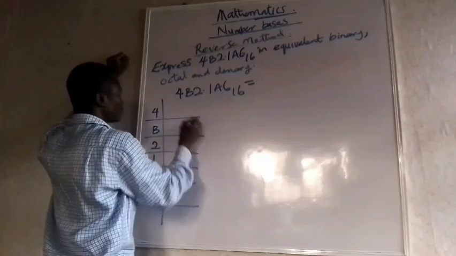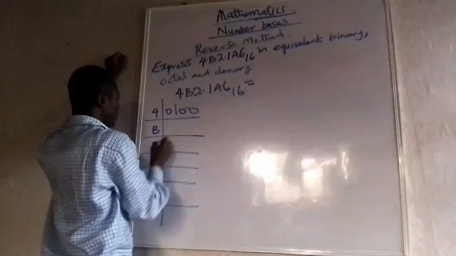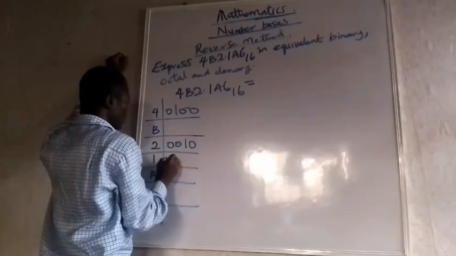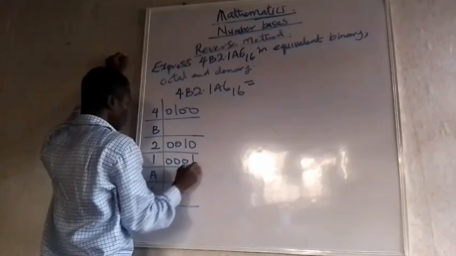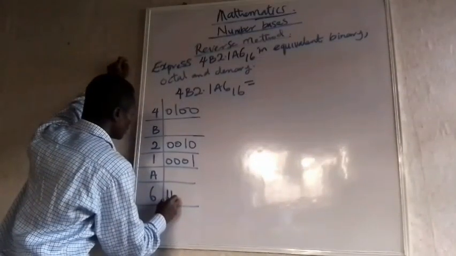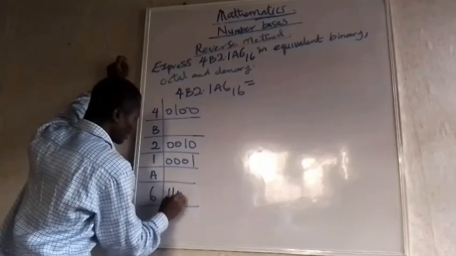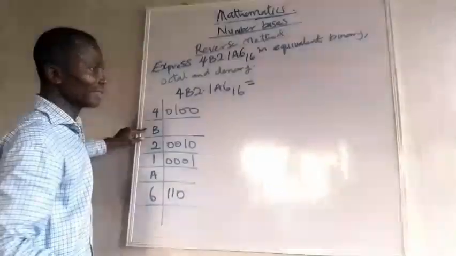This one is 0, 1, 0, 0. This one is 0, 0, 1, 0. 0, 0, 0, 1. I think 6 will be 0, 1, 1, 0. And here B is 11.